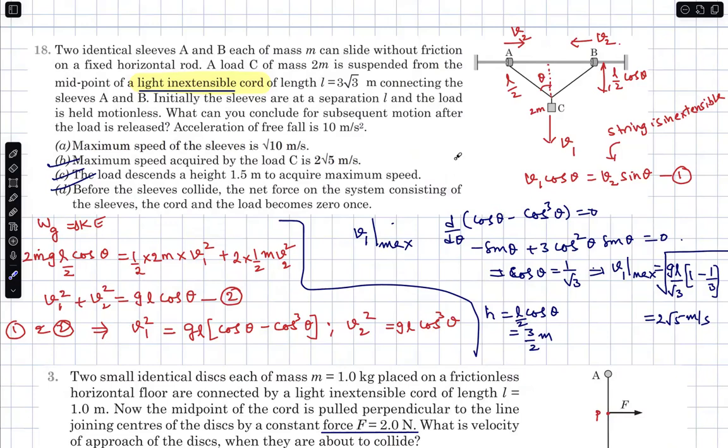So that is the reason it is slowing down, coming to instantaneous rest. So therefore, before the sleeves collide, the net force on the system consisting of the sleeves, the cord and the load becomes 0 once. Clear? Any doubts? Right.